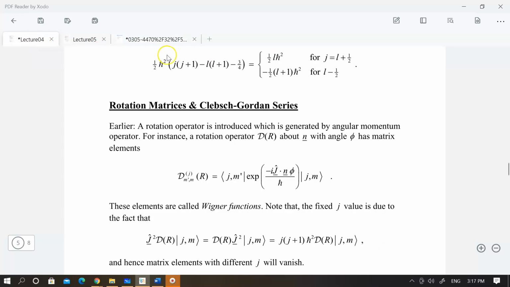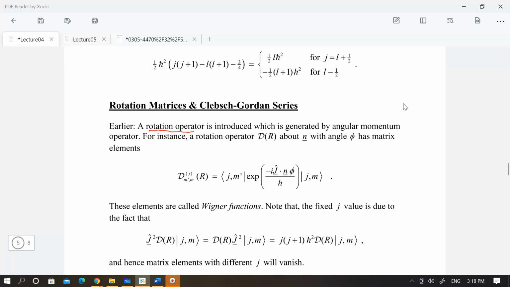Okay. So the last part of this lecture should be talking about rotation matrices, and how Clebsch-Gordan coefficients or Clebsch-Gordan expansion can actually tell you a little bit more about the rotation matrices. If you remember a rotation operator previously, you would have some rotation axis.